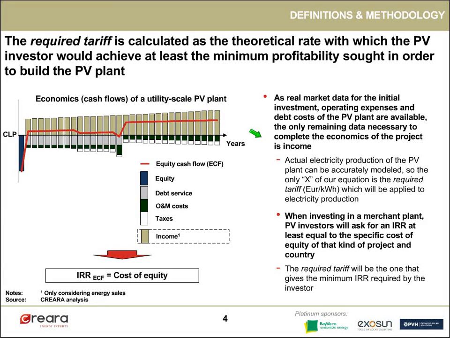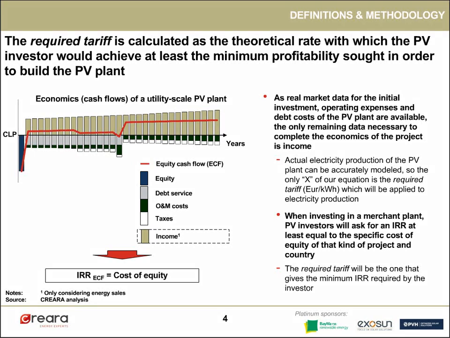So let's have a closer look at the required tariff. The required tariff is calculated as the theoretical rate with which the PV investor would achieve at least the minimum profitability sought in order to build the PV plant. And for this calculation, basically we have real market data for the initial investment, operating expenses, and the debt costs, but we're still missing the part of the income.